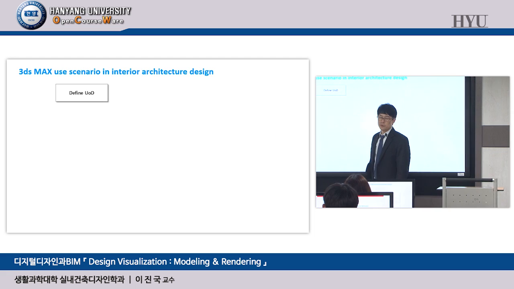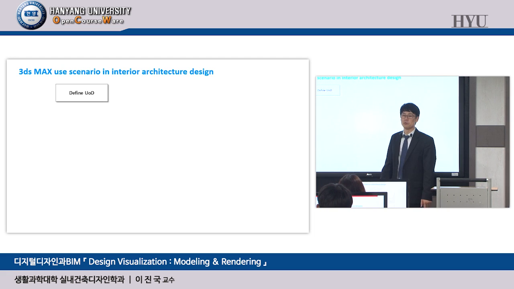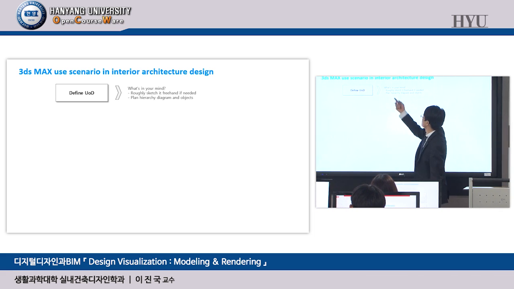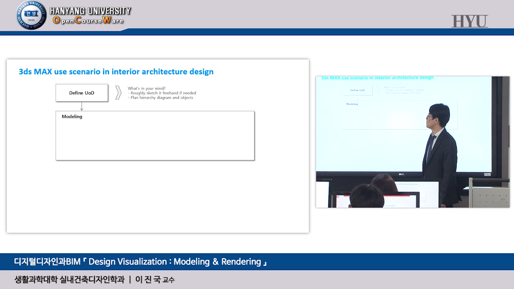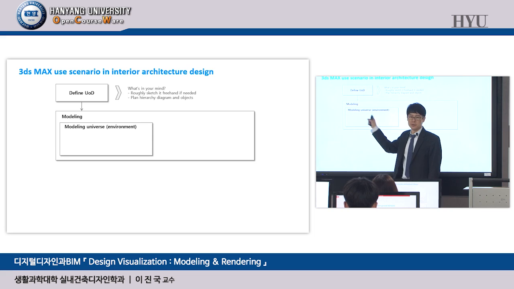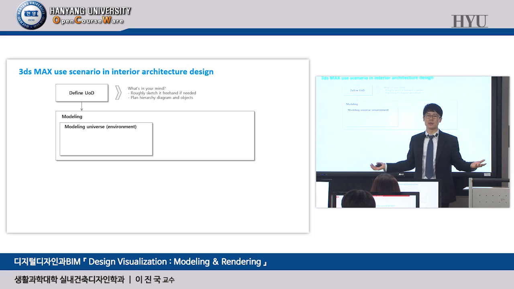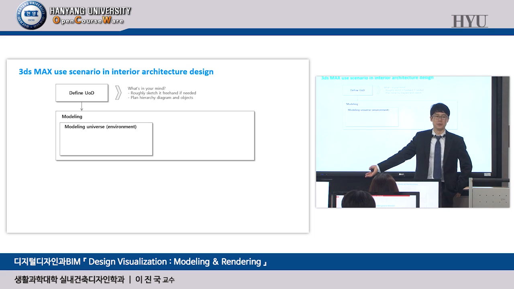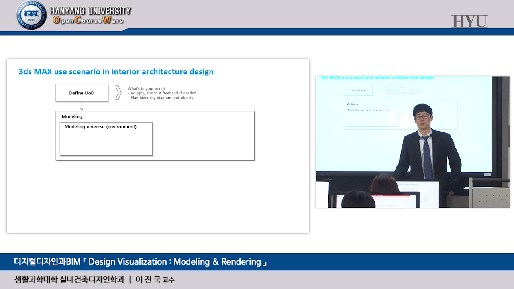So your universe in this course, your mini world, your mini universe defined by you is the universe for this environment. What is in your mind? Roughly sketch, freehand. And then modeling. Modeling universe, modeling environment first. Usually a fake environment, okay? Some fake inside of a box or something, a fake exterior view standing outside of your window.